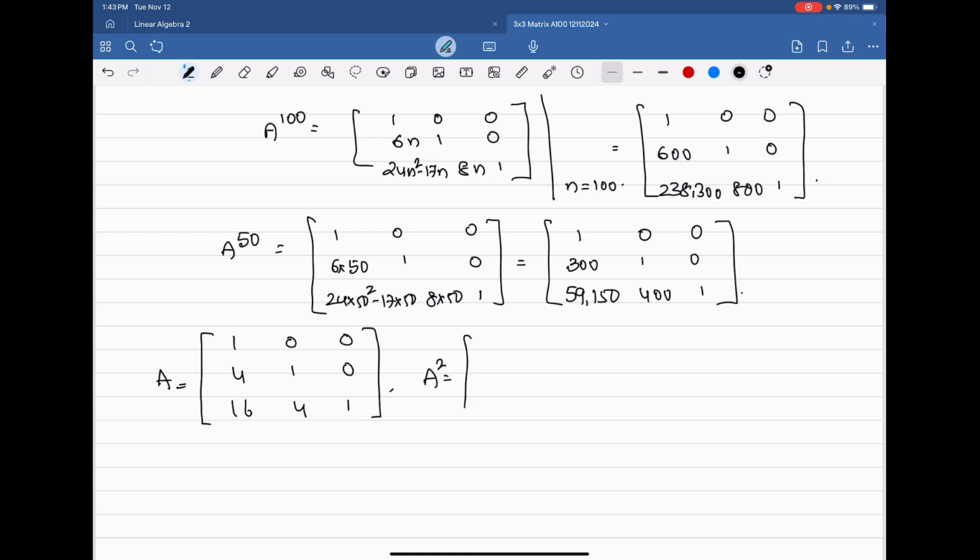A square can be easily found out. 100, 810, 48, 8, 1. A cube is equal to 112, 96. It is simpler than the example question I have given to you. You just see. Series is very simple.